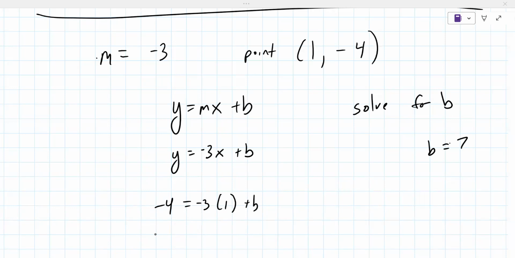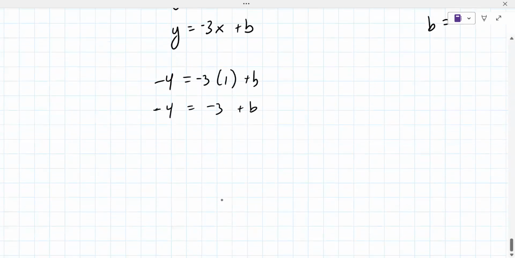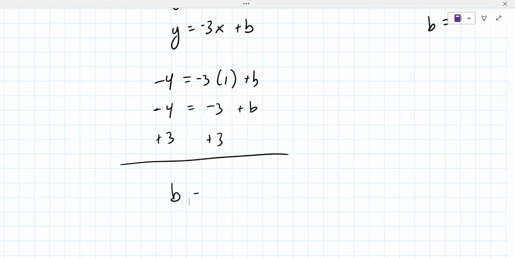So how do you undo -3? You have to add 3 to both sides. What is -4 plus 3? That's -1.